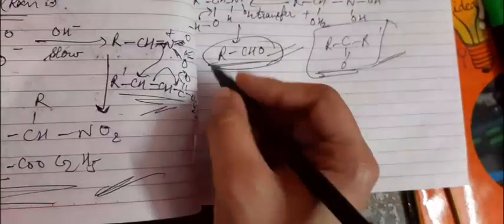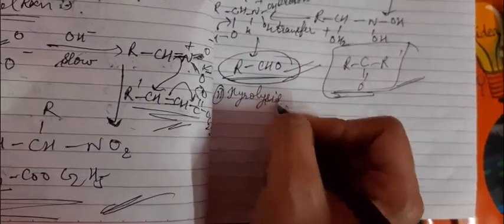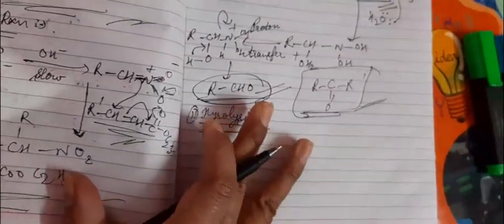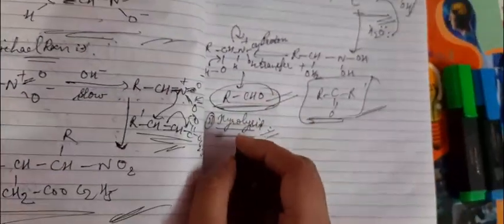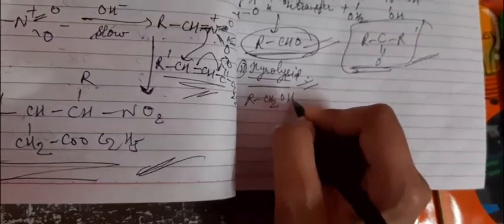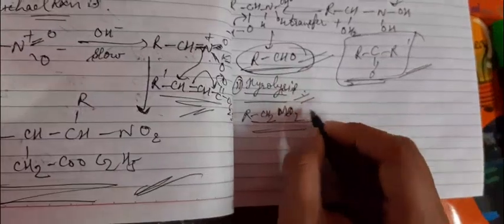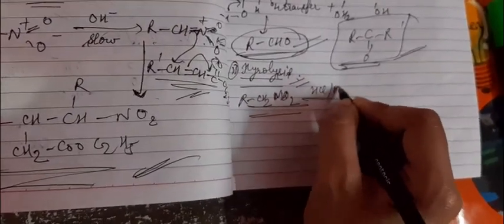Now the next reaction is hydrolysis. Primary nitroalkanes, when treated with boiling HCl or 85% H2SO4, undergo hydrolysis to form a carboxylic acid and the corresponding salt of hydroxylamine. The reaction can be written as RCH2NO2, 1 degree nitroalkane, reacted with HCl, H2O, and we heat the mixture.